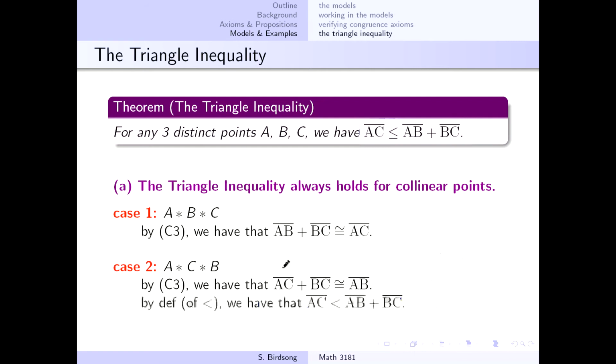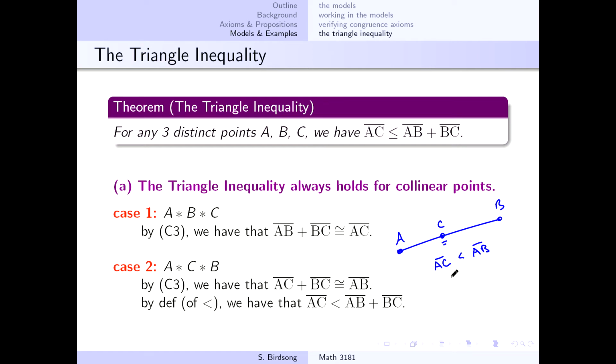So the next step is to say, hey, well, think about what it means to be less than or equal to each other. So if we have this situation where we've got our point A, our point C, and our point B, by the fact that C here is between points A and B, remember that means that line segment AC is considered shorter than, or less than, line segment AB.